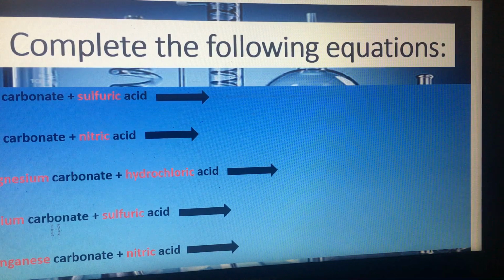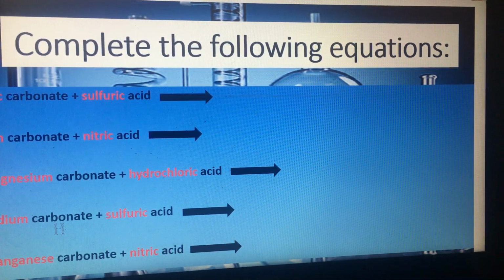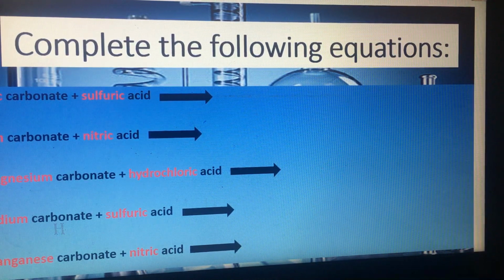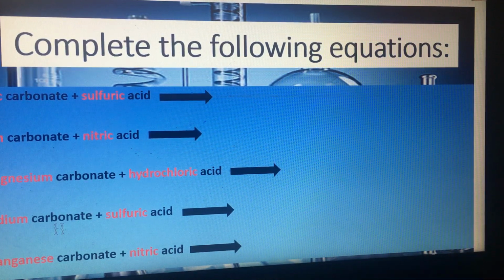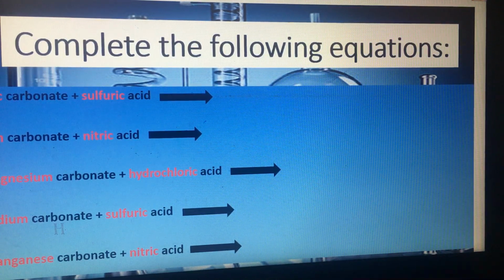Zinc carbonate, when it reacts with sulfuric acid. The type of carbonate here is zinc carbonate, so the salt will start with zinc, and the type of acid is sulfuric acid, so the product will be named a sulfate.